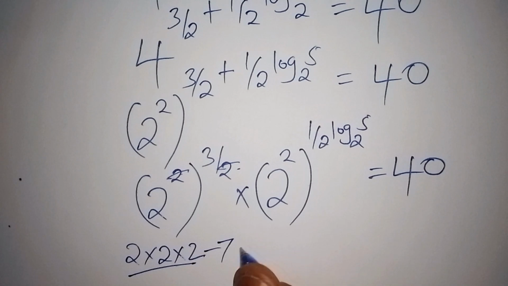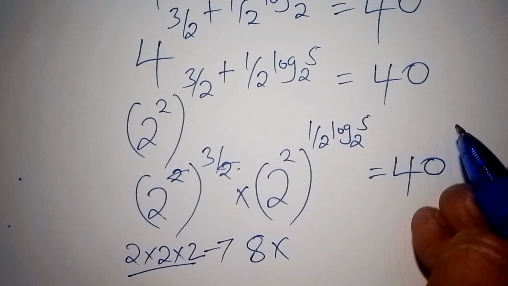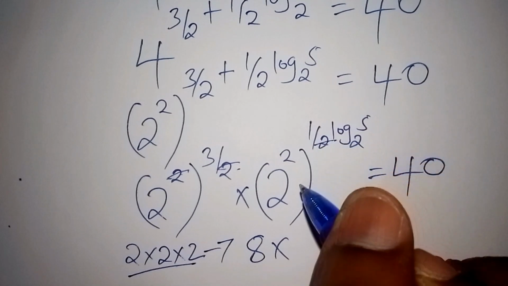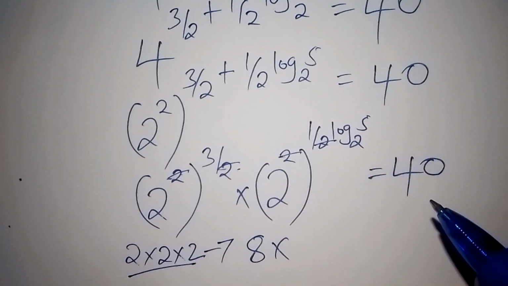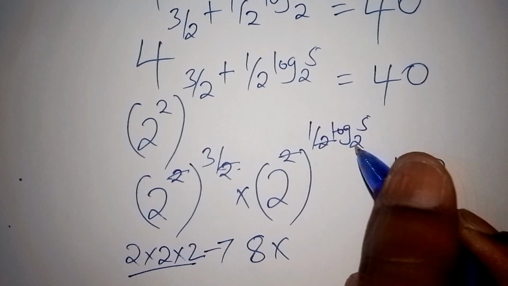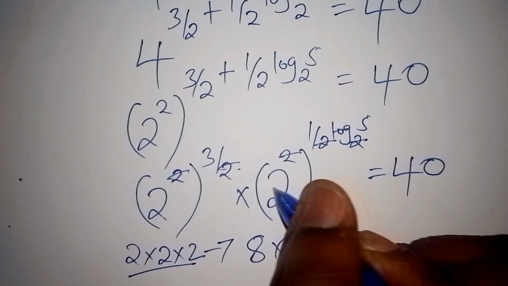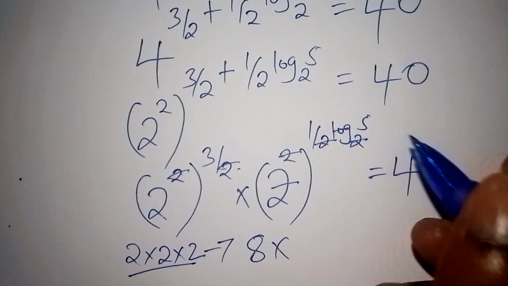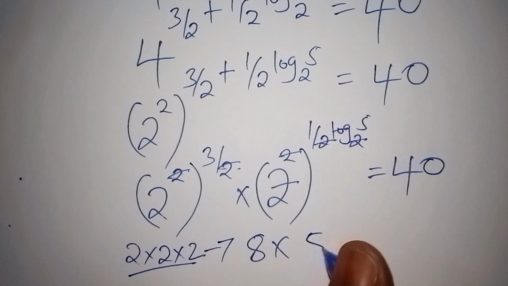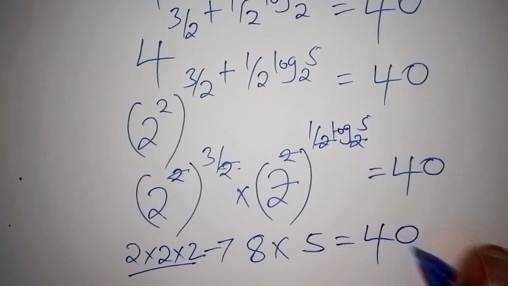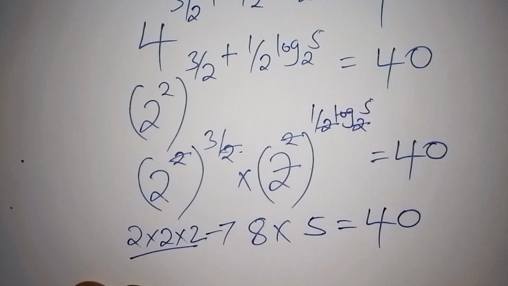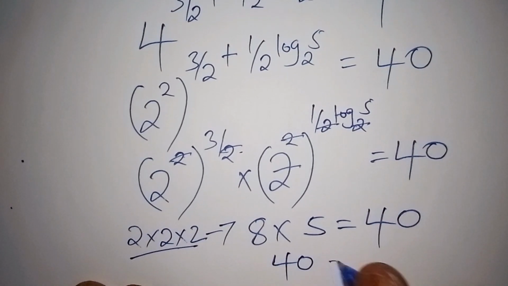So in this case now we shall have 8 multiplied by, so here now 2 and 2 shall cancel. So the log to the base of 2 shall cancel these 2. Now we are remaining with 5. So now we shall have 8 multiplied by 5, which is equals to 40. So 8 multiplied by 5 is 40. So now 40 is equals to 40.